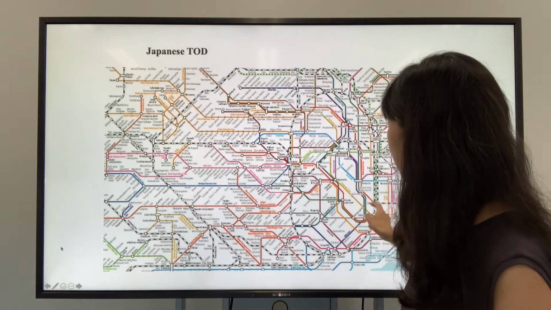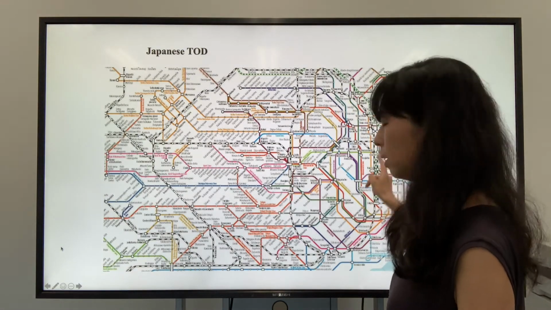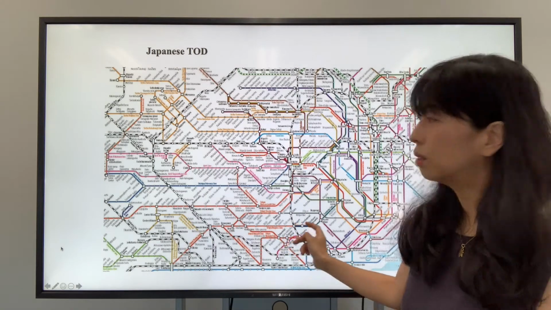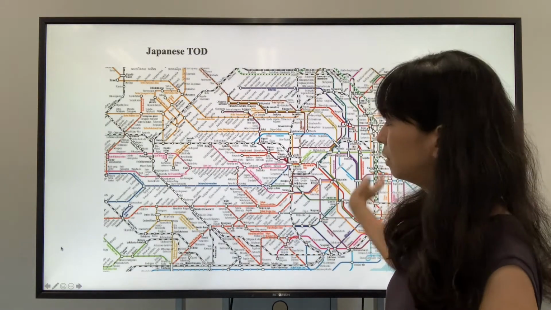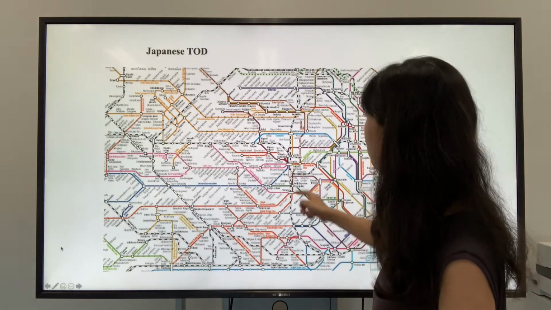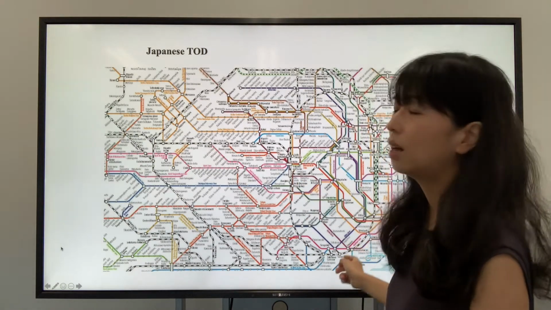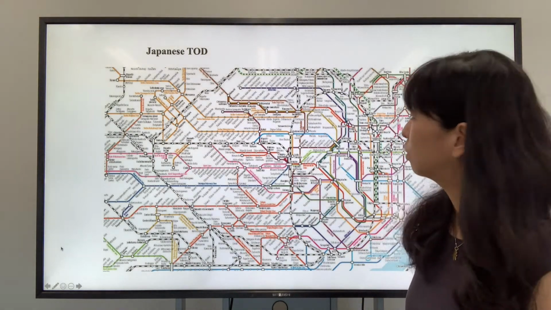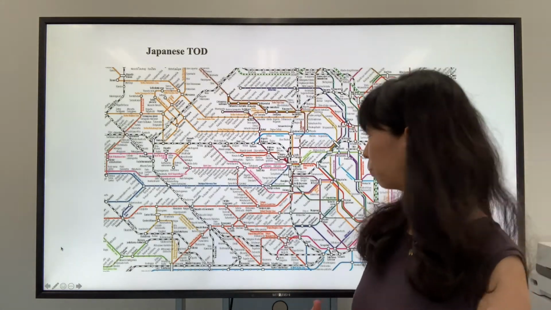So it's quite important that this is forming a ring city, because economy is created through flow, and the loop is an essential icon in terms of the transportation system in Tokyo.